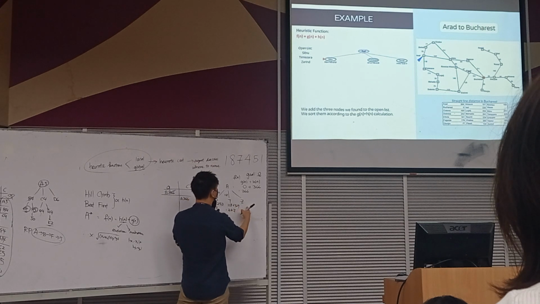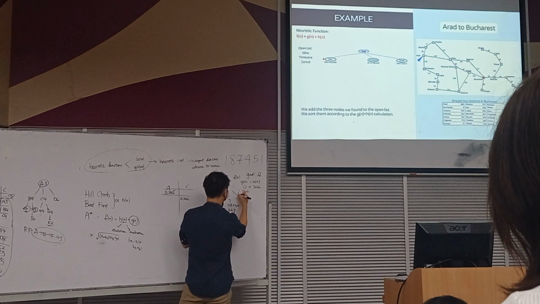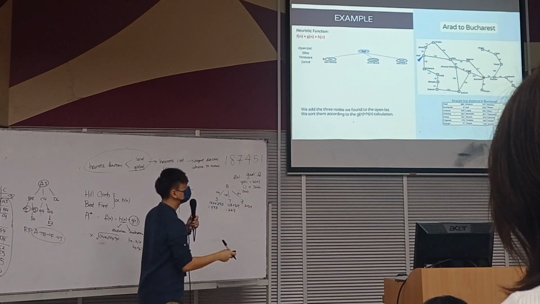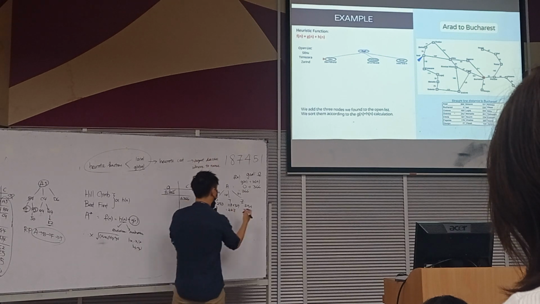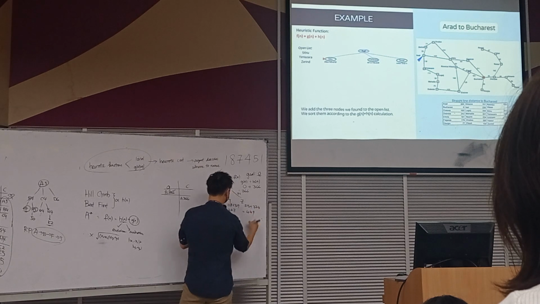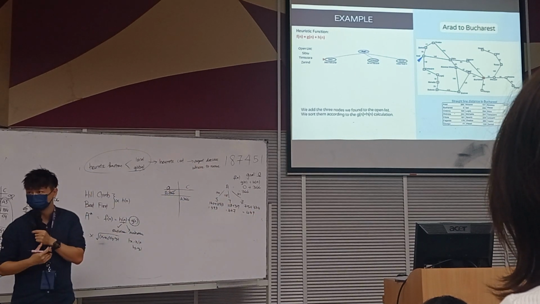Okay, the last one, Z. What is the distance to Zerind? 75. So 75 plus the Hn, 374. So you will get 449. So that's it. You can travel to 3 different places.